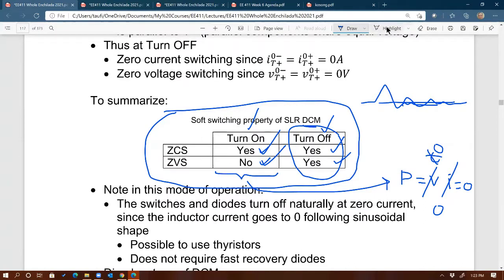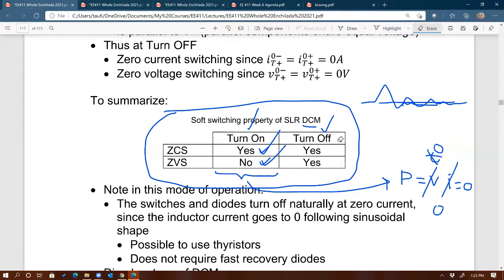So to guarantee that you get zero switching loss, it'll be good to have yes for both ZCS and ZVS at turn on, as well as yes for ZCS and yes for ZVS at turn off.